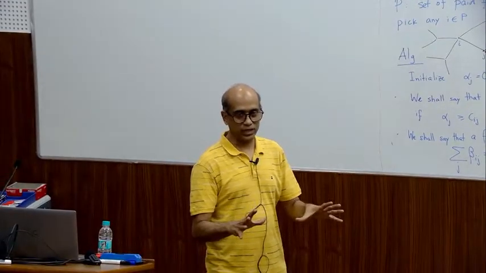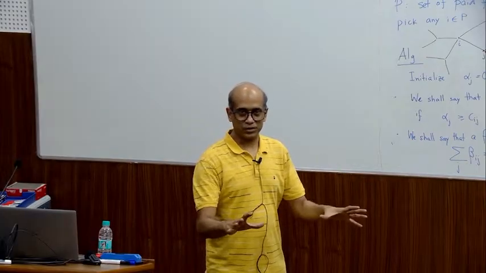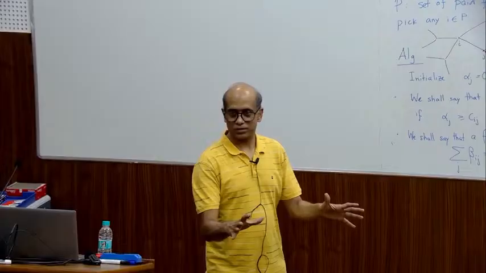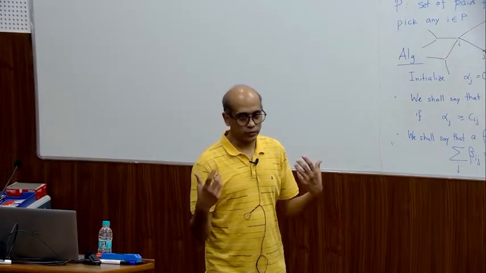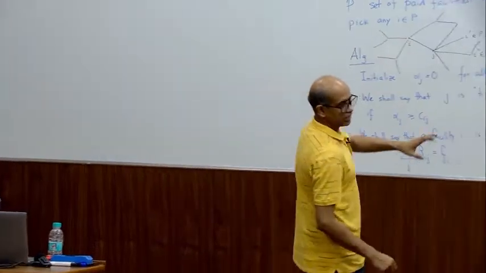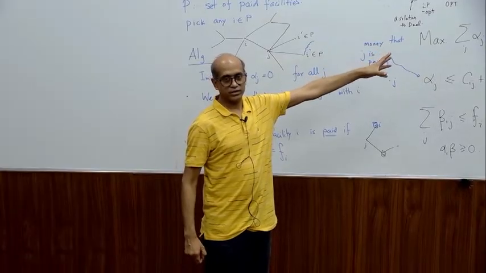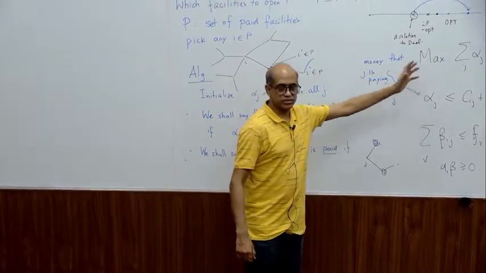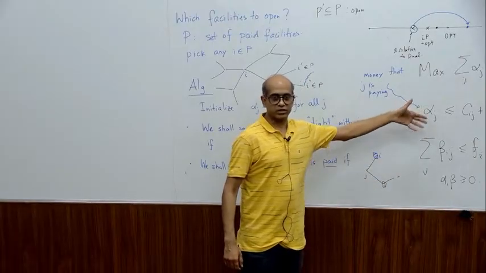I tell you to open K facilities, wherever you want. So there is no facility opening cost now. Open K facilities, and now you minimize the total distance that demands have to travel. And again, one can write a linear program for that, which will look very similar to what we have written. And again, you can write a dual for that, which is very similar to how this looks. And again, all of these ideas get used even there.